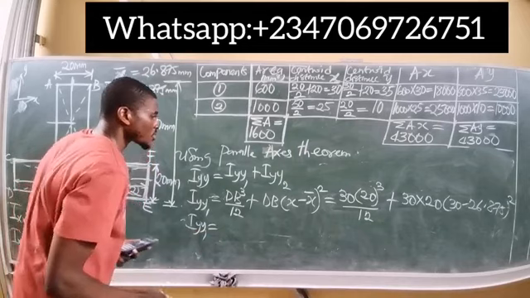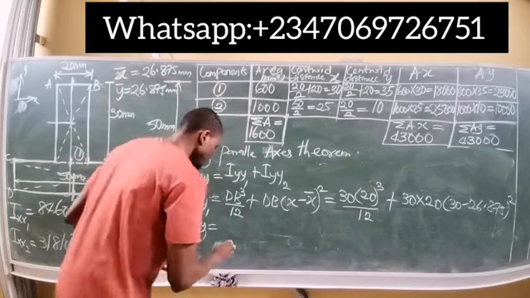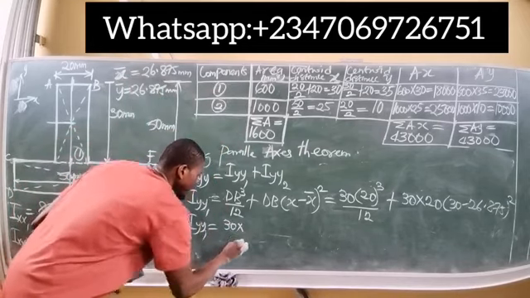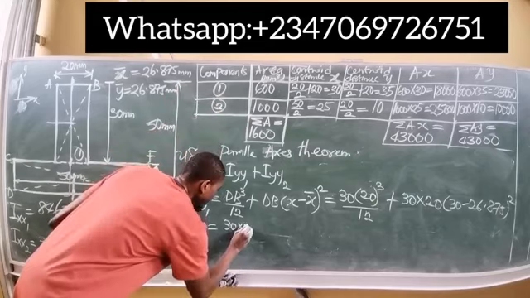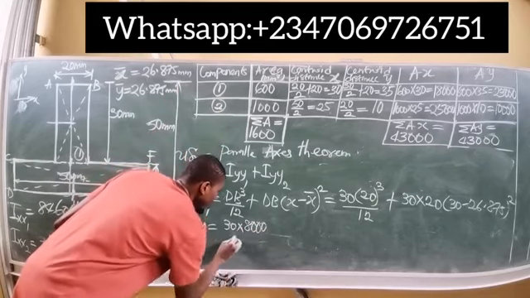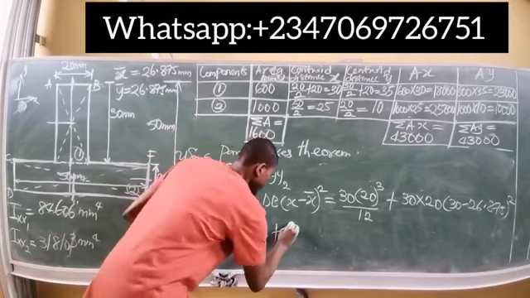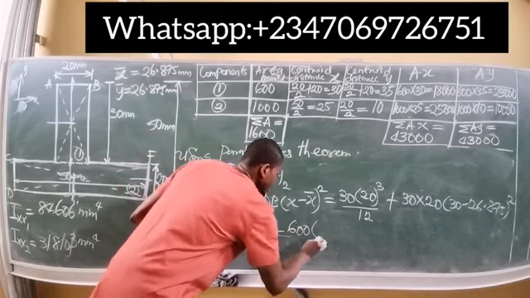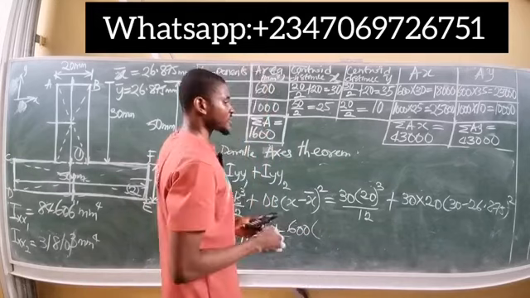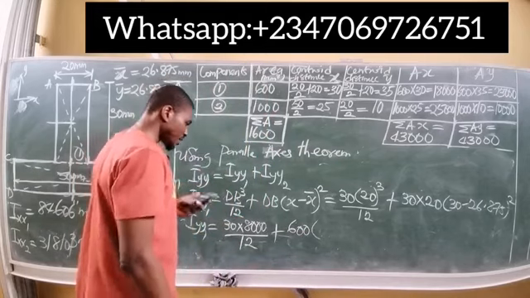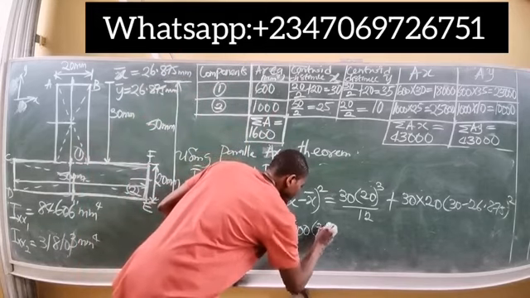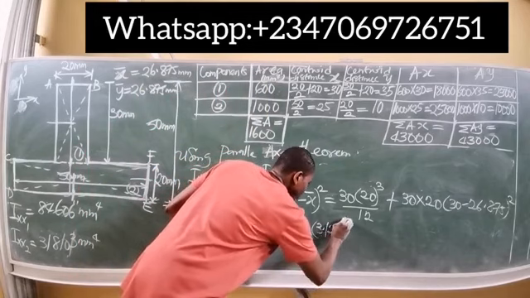So Iyy1 is now equal to 30 by 20 cubed, which is 8,000, all over 12, plus 20 by 30, which gives us 600, into 30 minus 26.875, that gives us 3.125 all squared.